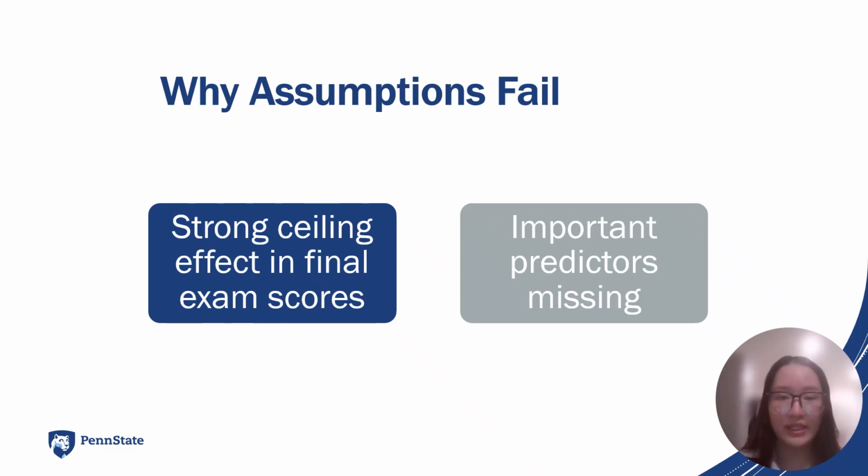Just like I mentioned in stage 2, there are still two structural issues that can explain why no transformation produces a valid model. The first is the ceiling effect: so many students achieve a perfect score of 100, compressing the upper part of the scale, and the linear regression assumptions cannot hold when the response is capped. The second is a missing predictor: I think there is another predictor not contained in this dataset that can explain the students' final exam scores.